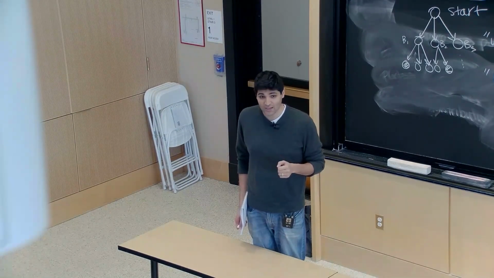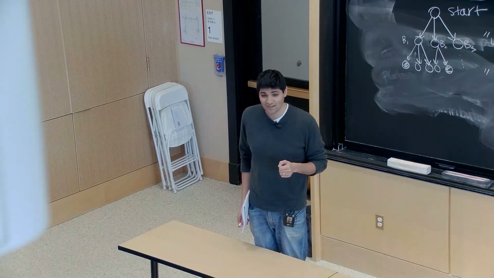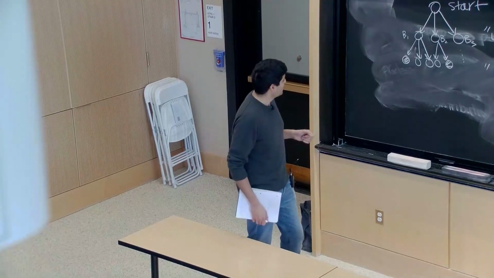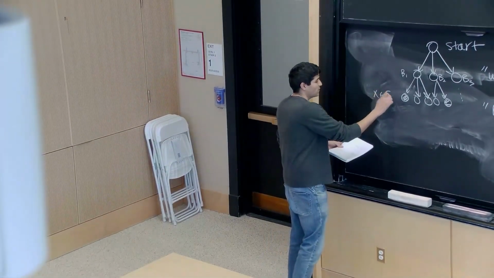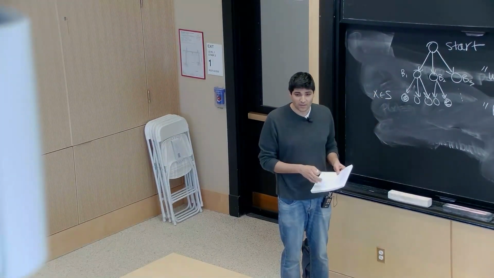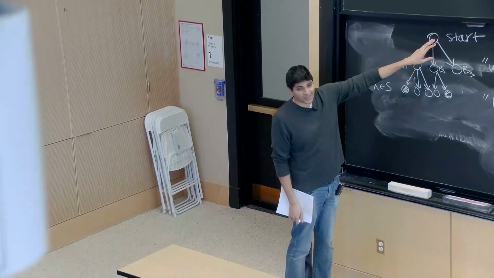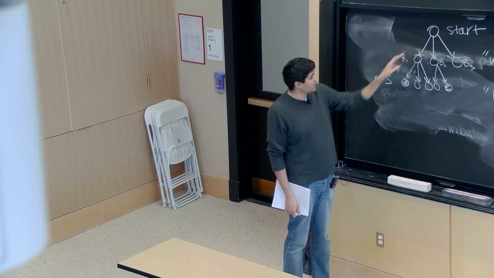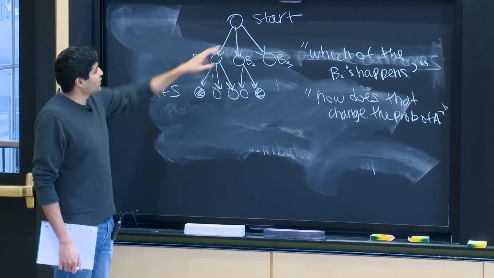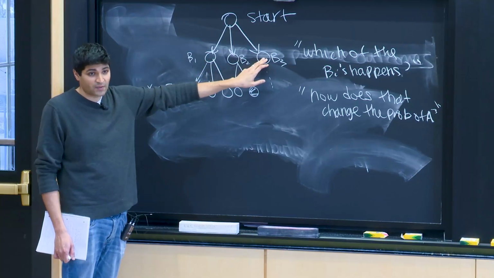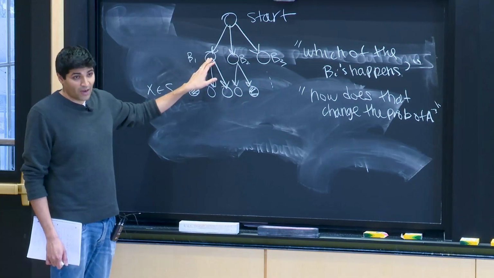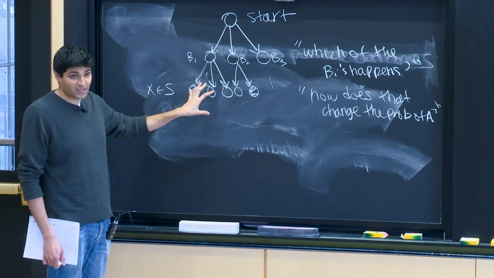All makes perfect sense? So what are the nodes, the box? Right, so these are all of the possible outcomes in the sample space. So what I'm doing is, instead of just telling you first where the dart lands, like which x happens, first I'm going to tell you whether B1 happens, B2 happens, or B3 happens. Once I tell you that B1 happens, I know my dart lands in that space.